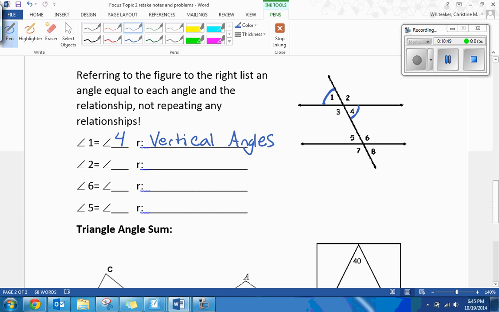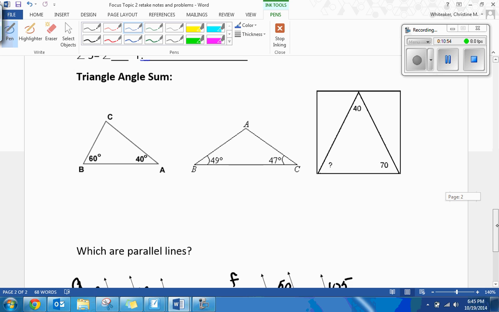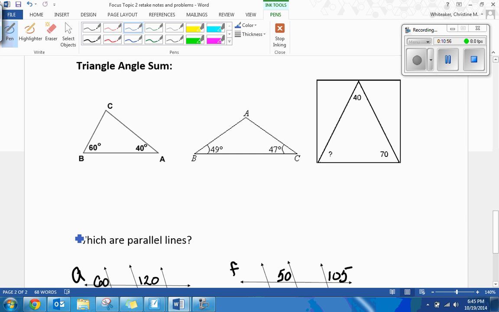Okay, so let's move down to triangle angle sum here. Okay, so we know that all the angles add up to 180 degrees here. So we're going to do 40 plus 60 plus C equals 180. Okay?